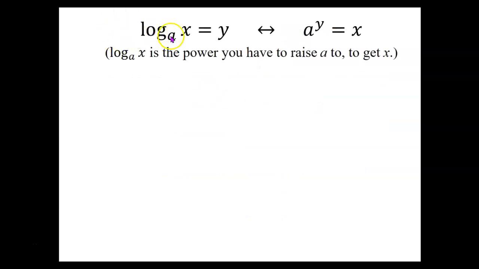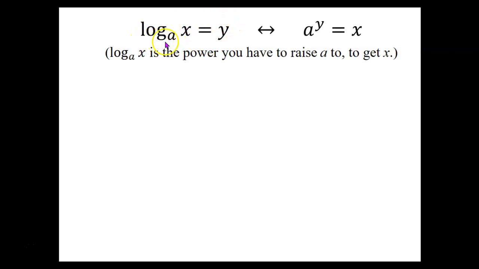So to say log to the base A of x equals y means the same thing as saying A to the y power equals x. Those are two different ways of expressing that relationship among those three numbers.